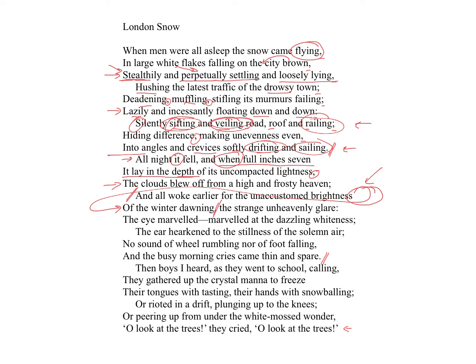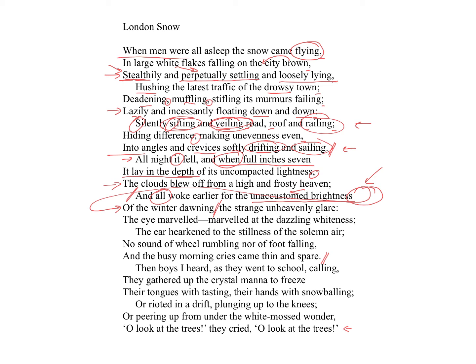So all woke earlier. Well, who is this all? What could it be? Well, we know the snow's been personified, but the snow isn't waking up. Something is being woken up because there is unaccustomed brightness. If you're unaccustomed to something, it's unfamiliar. You've not got used to it. So who could be being woken up by this unusual brightness?